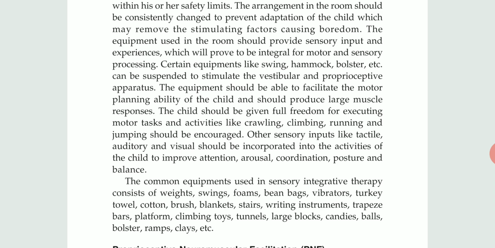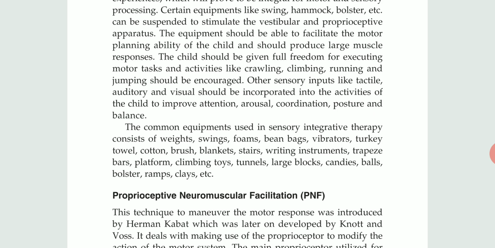The child should be given full freedom for executing motor tasks, and activities like crawling, climbing, running, and jumping should be encouraged. Other sensory inputs like tactile, auditory, and visual should be incorporated into the activities of the child to improve attention, arousal, coordination, and postural balance.